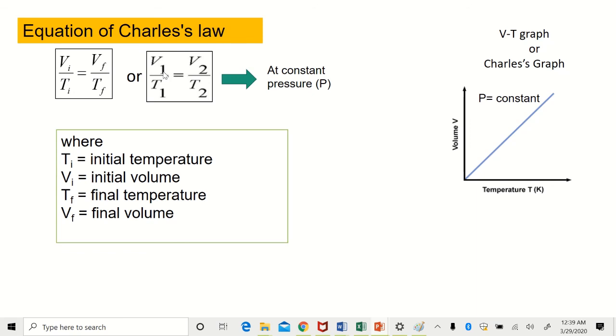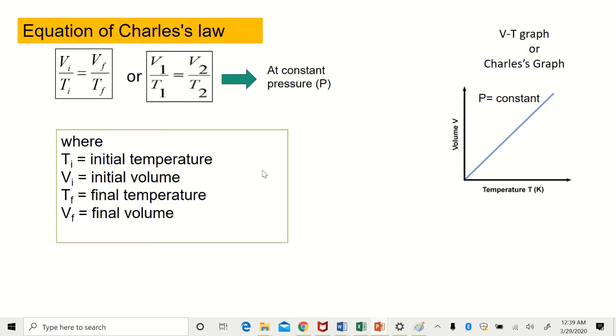I have already discussed that you can use initial as 1 and final as 2. But this is true when the pressure of the gas is constant. So this is at constant pressure.